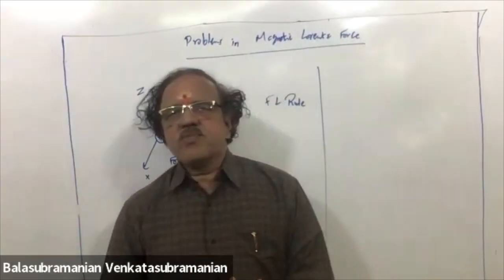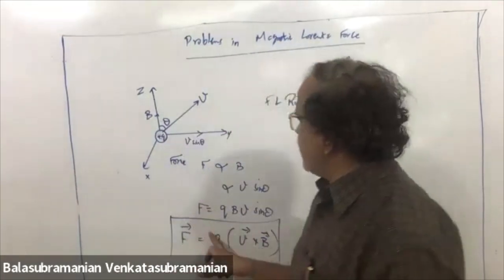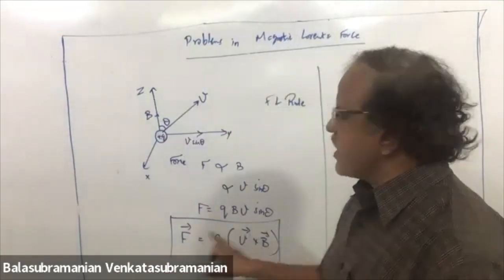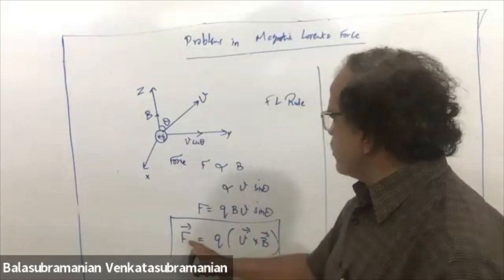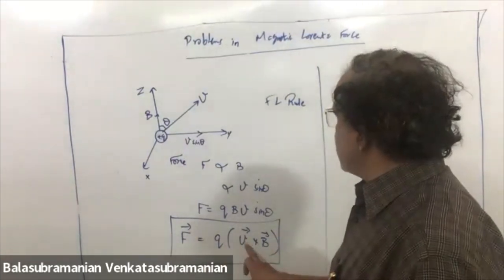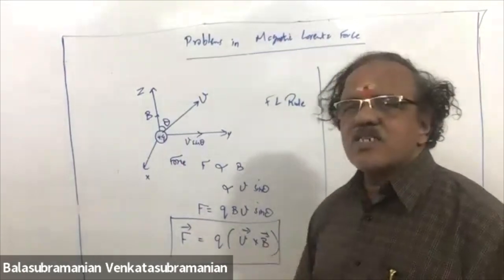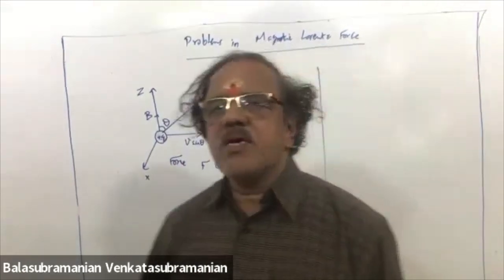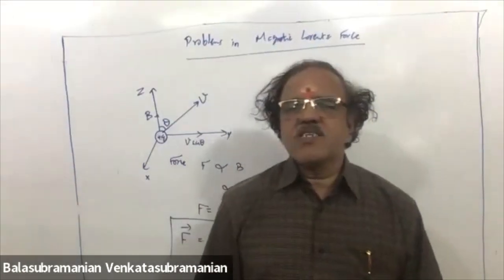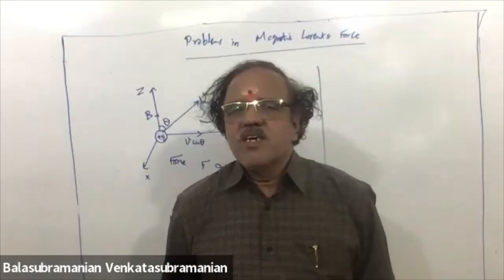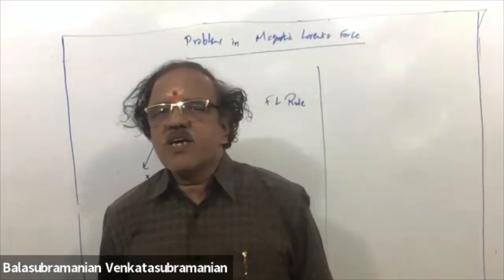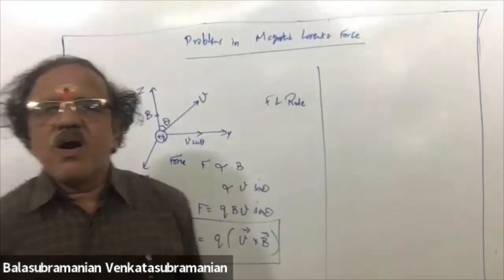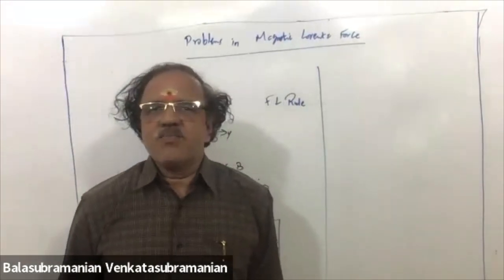Most of the problems, B given, q given, v given, calculate force. Or force, velocity, B given, calculate the charge. But calculating the charge will be 99% not asked, because questions will be asked only on electron, proton, alpha particle like that, so you know the charge value.